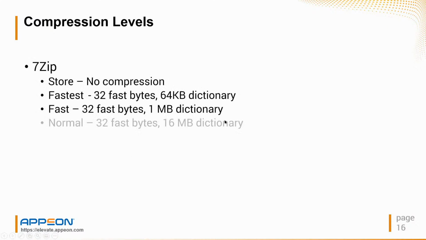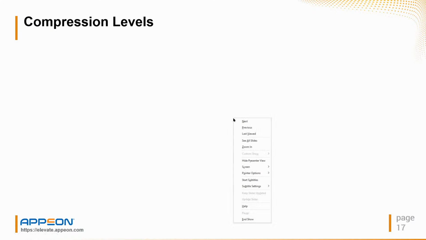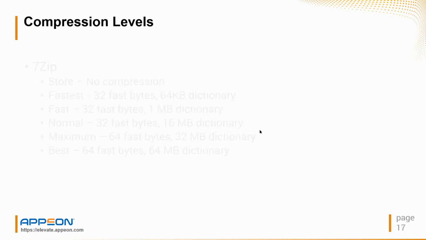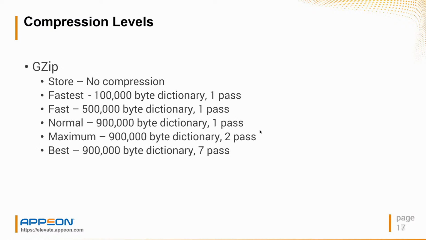7-zip is similar. The difference here is that it uses fast bytes and dictionary. To get greater compression, it increases the number of fast bytes it uses and increases the size of the dictionary it uses. For gzip, it's somewhat similar.